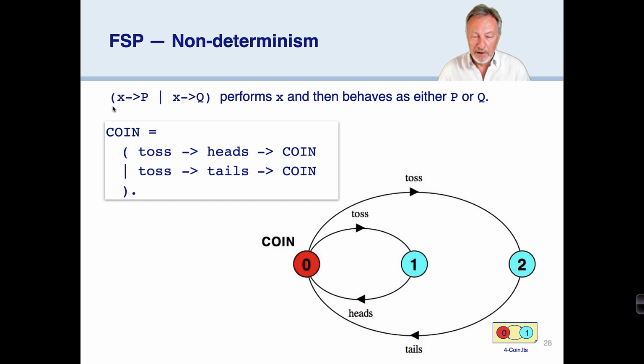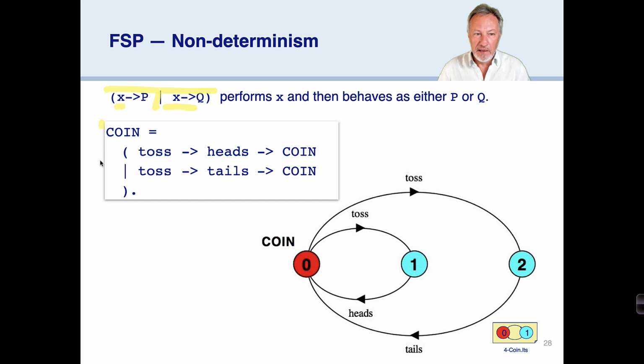Here's the pattern. We have a process, and it's a choice, but multiple choices have the same action. So the same action X might lead to the process P or might lead to the process Q. We from outside don't decide. It's the process itself that decides.